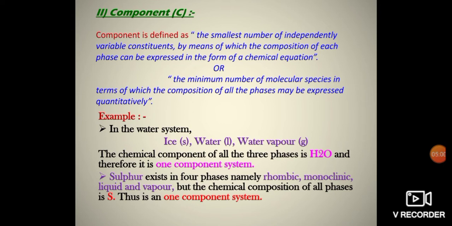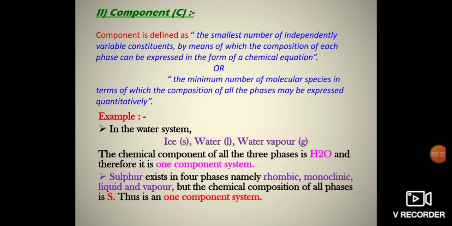For example, in the water system, there is the presence of ice in solid state, water in the liquid state, and water vapor in the gas state. These are three phases, but they are obtained from one chemical component, that is H2O. Hence this is a one component system.